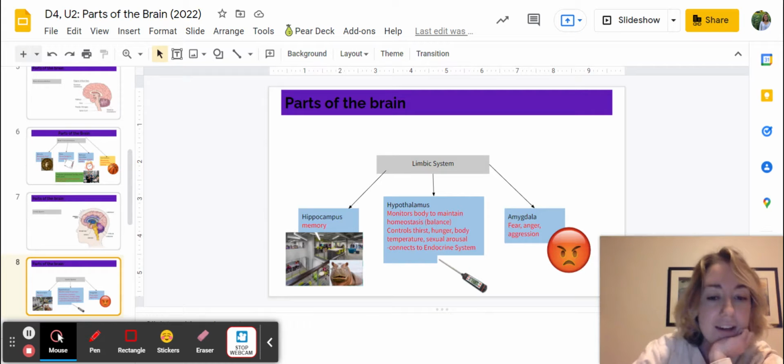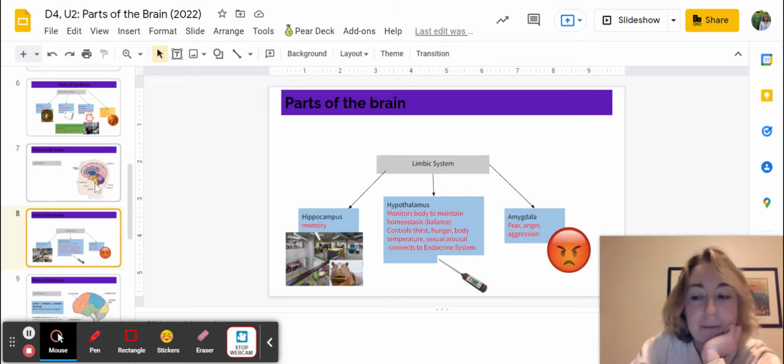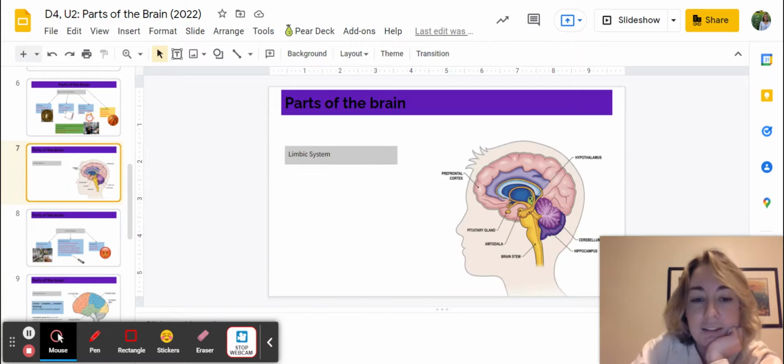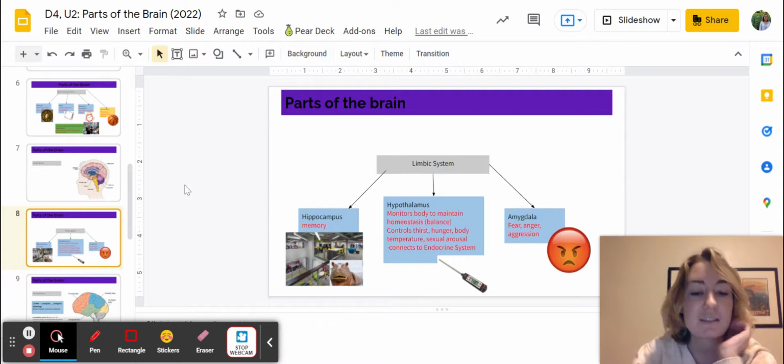All right, then we've got the amygdala. This one I think is probably the easiest one for people to remember because a lot of people think of it as angry Amy. So we see amygdalas over here. It's responsible for fear, anger, and aggression. So all of those feelings.